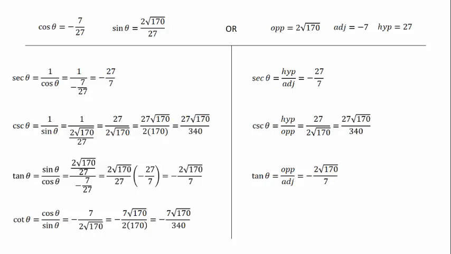This one takes about the same amount of work. Using right triangle trigonometry, cotangent of theta is defined to be adjacent over opposite. So we plug those in. If we rationalize, we get exactly the same answer.